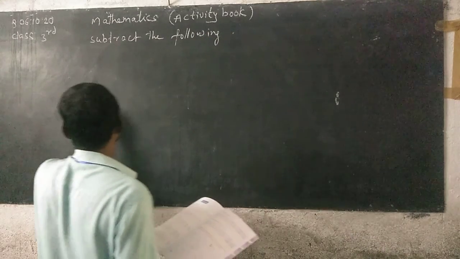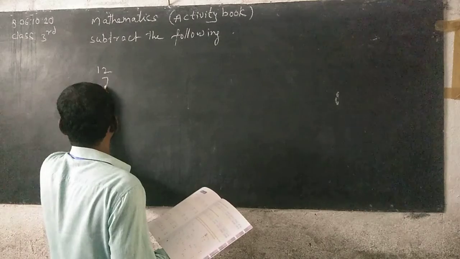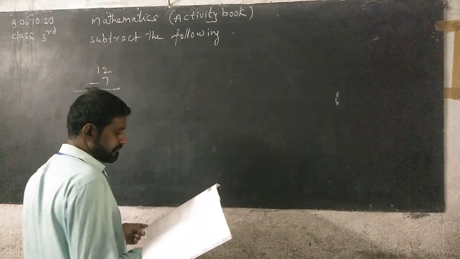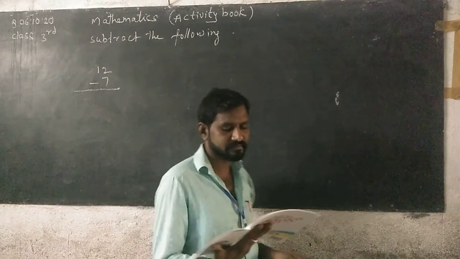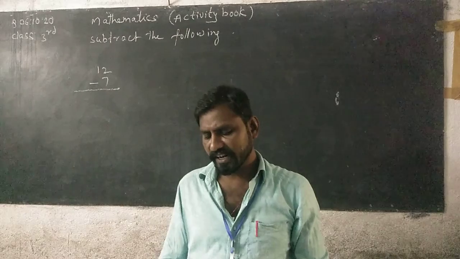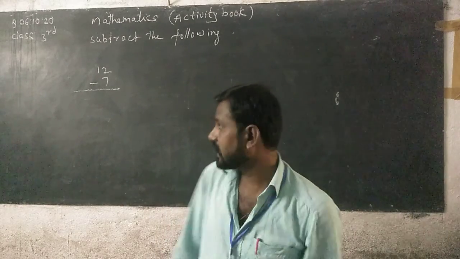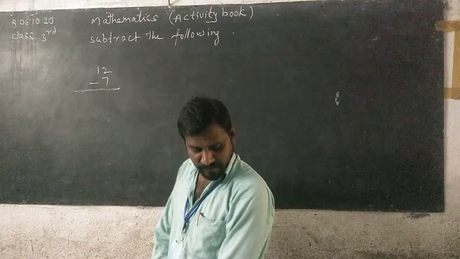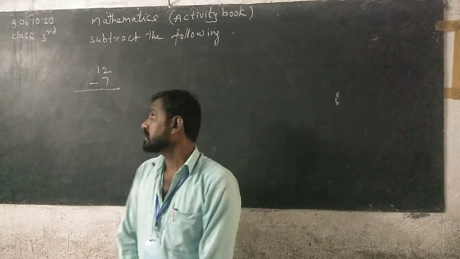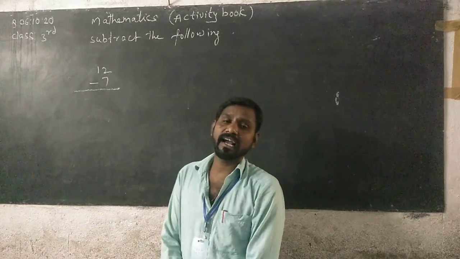See here, 12 minus 7. So here you can count directly. 12 minus 7 means it has 2 methods.